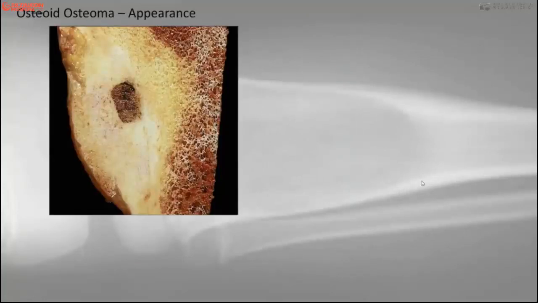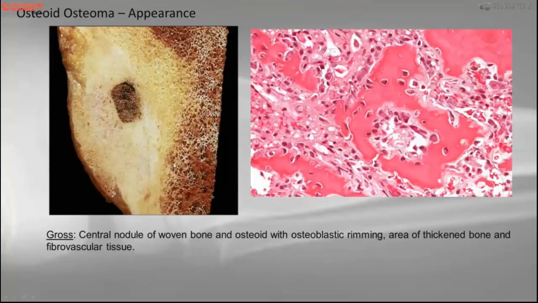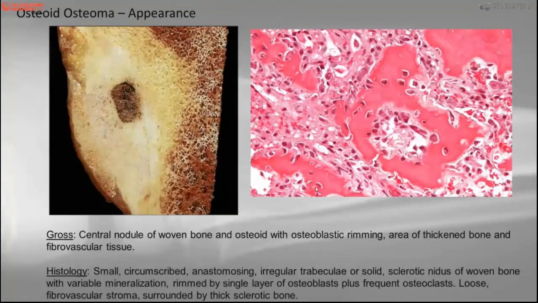When grossly seen, the specimen of osteoid osteoma shows a central area, the nidus, with osteoblastic rimming and an area of thickened bone and fibrovascular tissue. So this is the whole lesion with the nidus. On histology, we see a small circumscribed lesion with trabeculae.